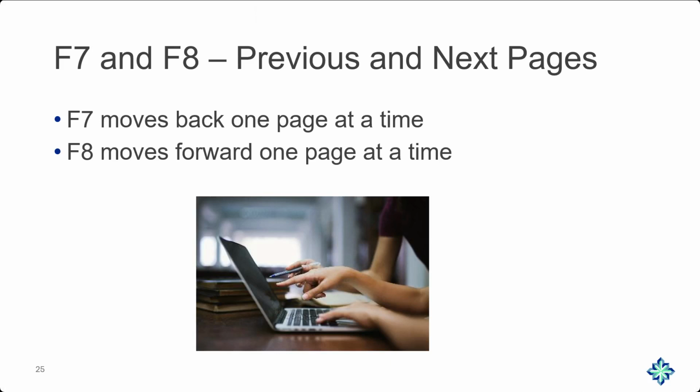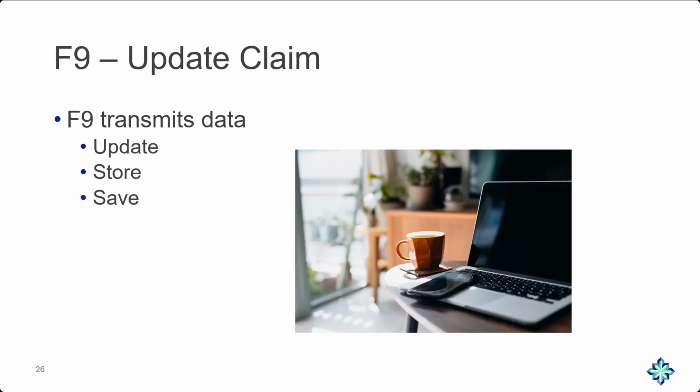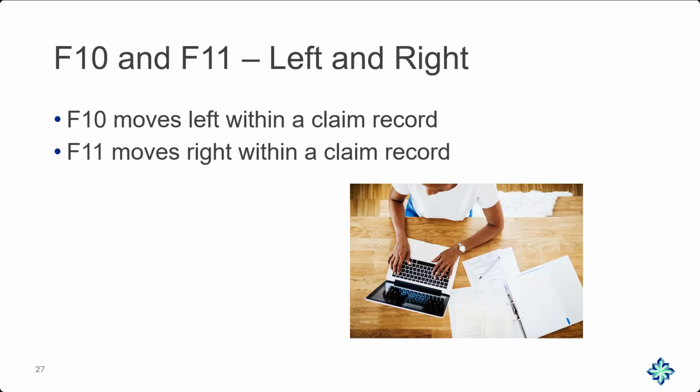It will become familiar. Now, F9 is a big one in DDE. It's pretty important. F9 is what we use to transmit data. So you might call it update a claim, save a claim, store a claim, all of those different terms. F9 is your save button or your store button. F10 and F11.